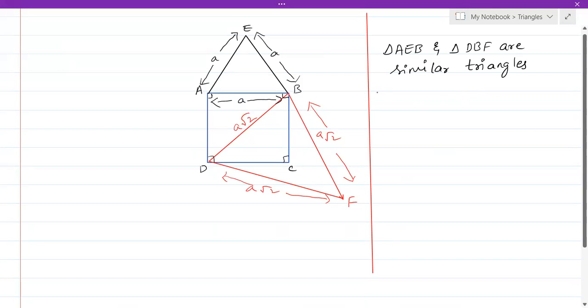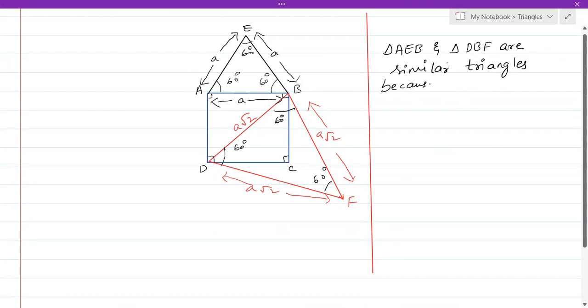Both are equilateral triangles. In an equilateral triangle, all the angles are 60 degrees, right? Similarly, in the other equilateral triangle, all the angles are 60 degrees. So three angles in one triangle are equal to three angles in the other triangle.